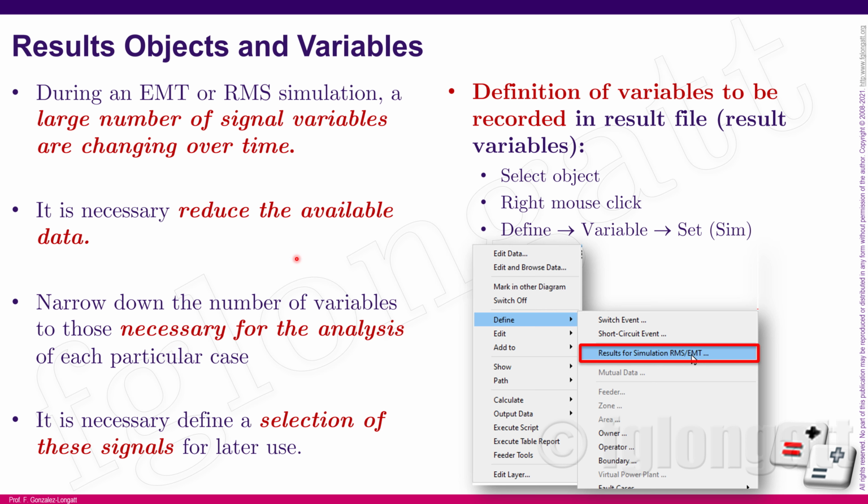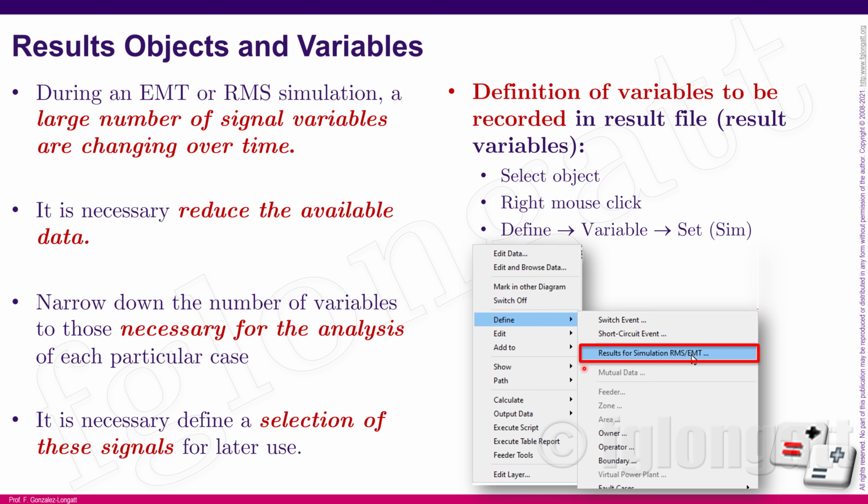And if you are working in the graphic area over your single line diagram, you can stop over one of the power components, for instance, a generator. And if you right click, automatically there is a menu that opens, this one that you see here on the bottom right, okay? And you can select here, define, and then result for simulation, RMS and EMT, okay?